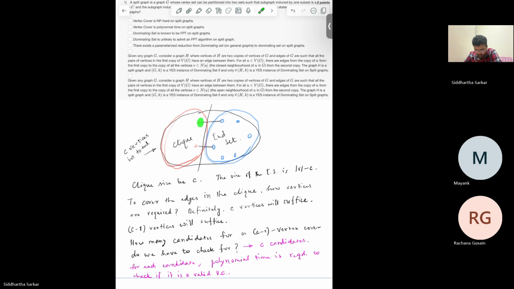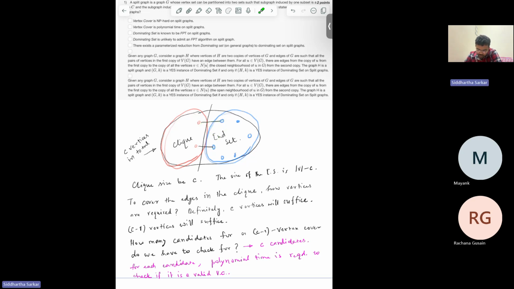If this vertex is connected to another vertex on this side, then you have to take at least one vertex to cover this edge. But if multiple edges are incident on this vertex, then taking this vertex alone can cover all these crossing edges.